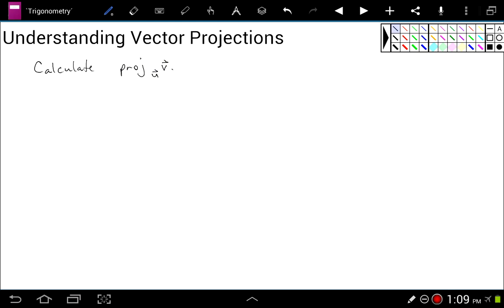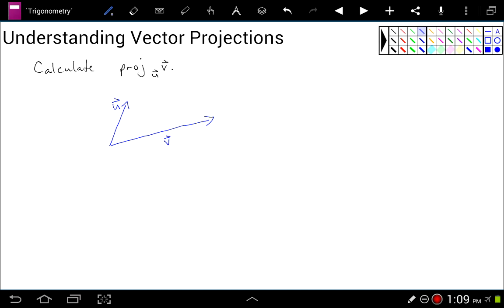Okay? Now, I'm not actually calculating in this video. Again, I'm just motivating the idea. But I would join vectors u and v the same way I did before at the initial points. But now, so this is vector u, this is vector v. Now, my axis is my u vector.